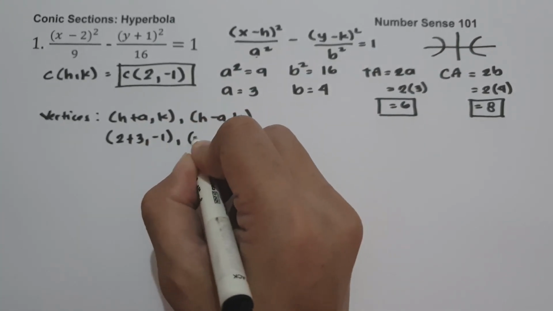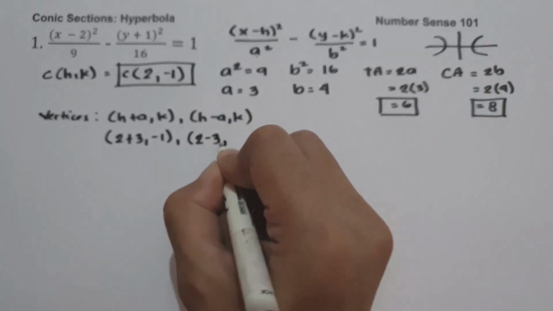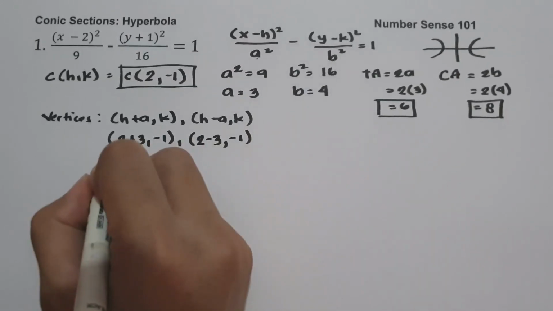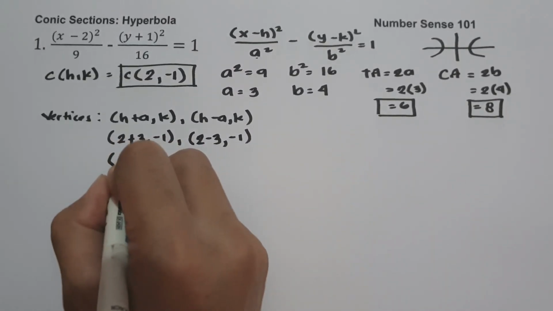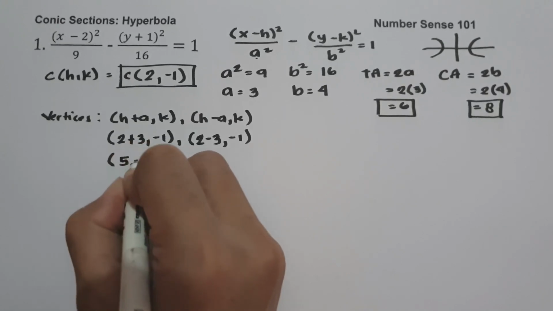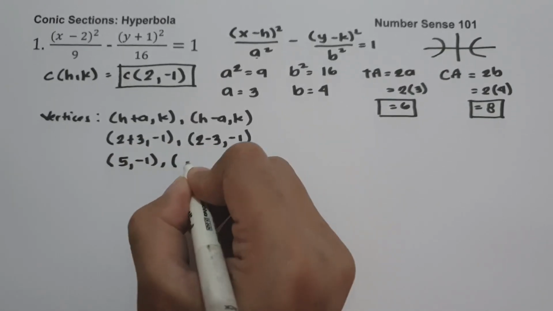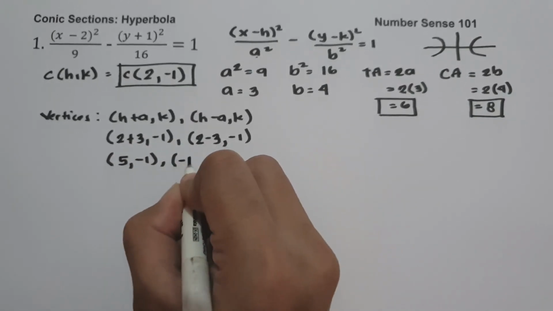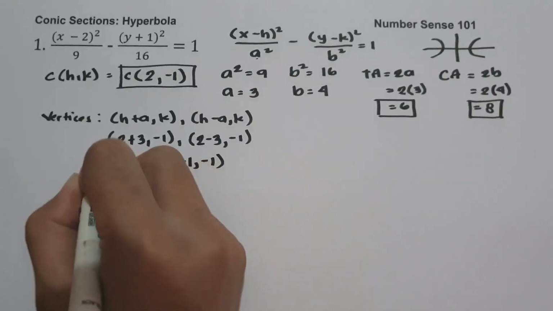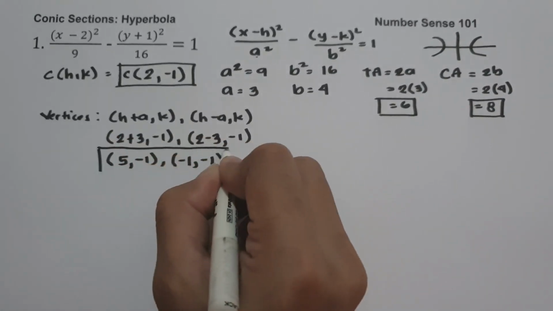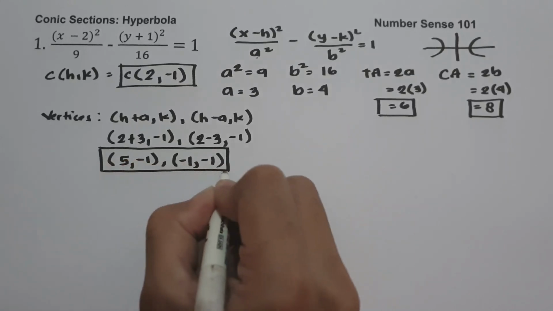And on the other side, we have 2 minus 3, and then negative 1. 2 plus 3 is 5, and negative 1. And then 2 minus 3 is negative 1, and negative 1. So these will be the coordinates of our vertices.